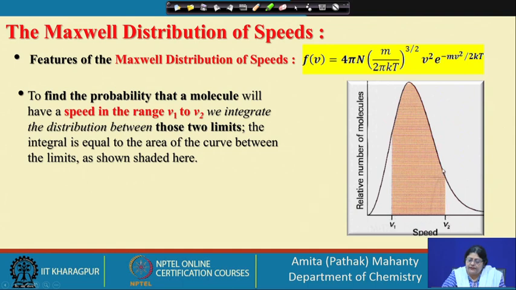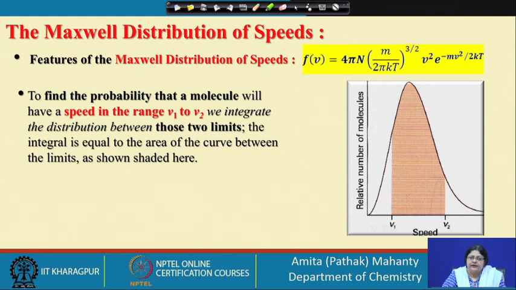First I have the probability distribution curve. Now, I fix the two values which I am looking into, 30 meters per second and 40 meters per second. I mark that and integrate the area within these two limits.